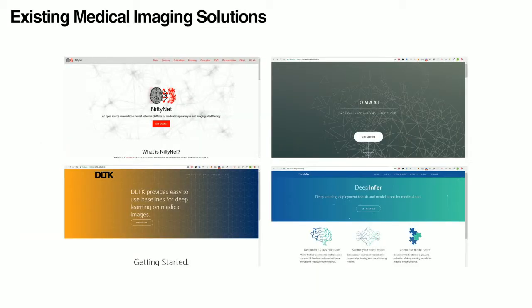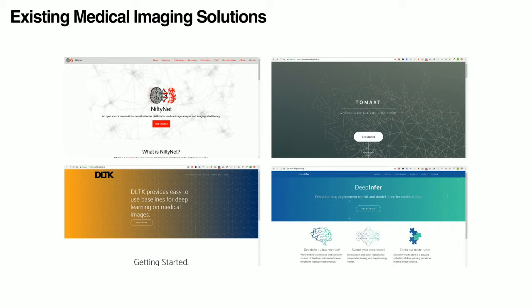There are some existing resources, and these include NiftyNet and DLTK. These are libraries that are built on top of TensorFlow, and they provide convenience functionalities for processing medical images. These are medical image specific functions that you will not find in a general purpose library like TensorFlow or others.